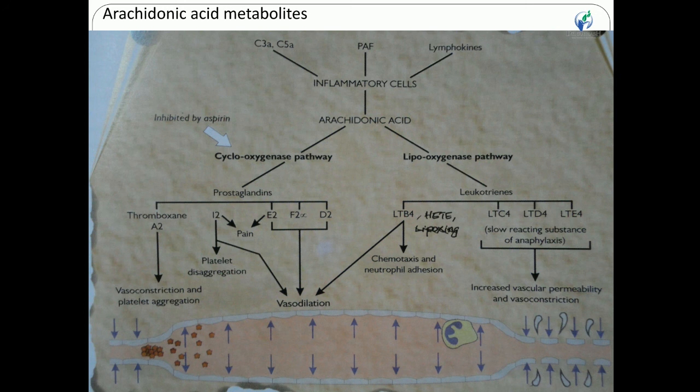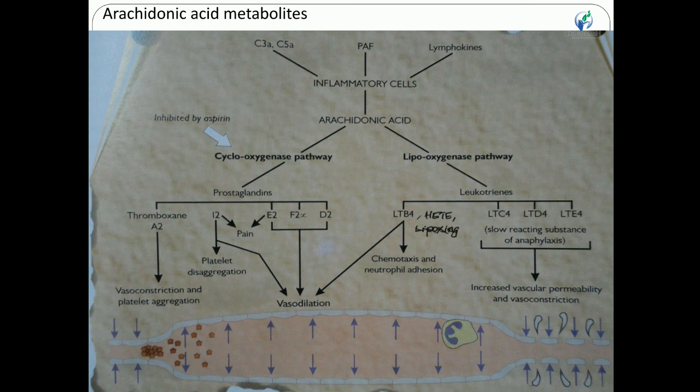TNF can be divided into TNF alpha and TNF beta. TNF alpha is formed by various cells: monocytes, macrophages, mast cells, basophils, eosinophils, B cells, T cells and NK cells, that is natural killer cells. Whereas TNF beta is formed by B lymphocytes and T lymphocytes.